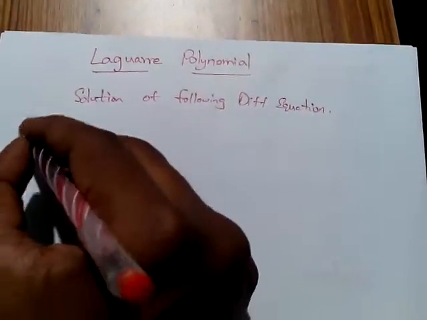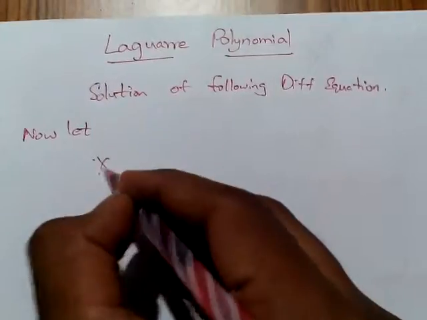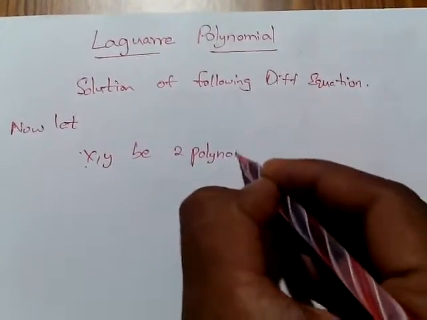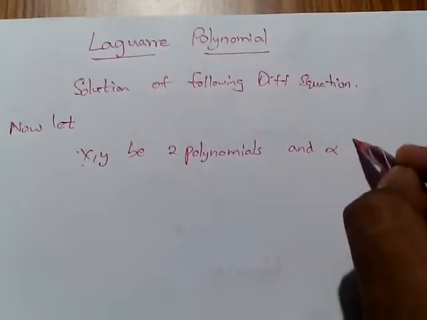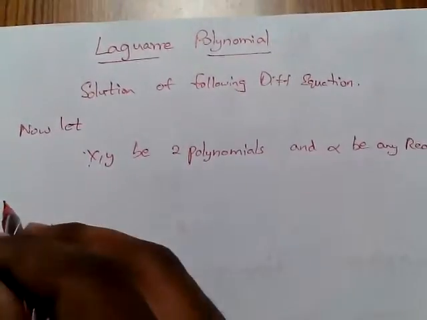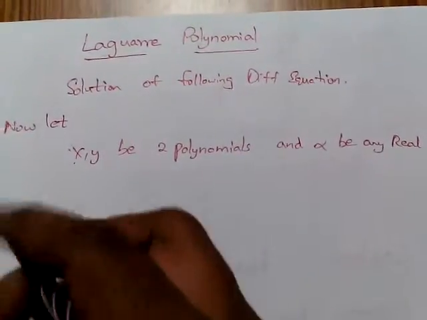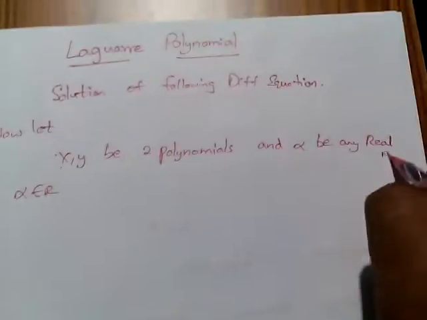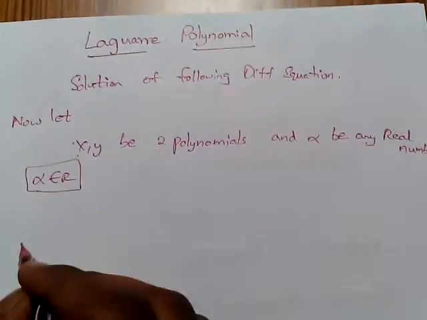Now let x and y be two polynomials, some fixed polynomials, and alpha be any real number. Means in the generalized form we can put alpha is equal to 0, but I am putting alpha as any real number, means alpha belongs to R. Alpha belongs to R means alpha is some constant.